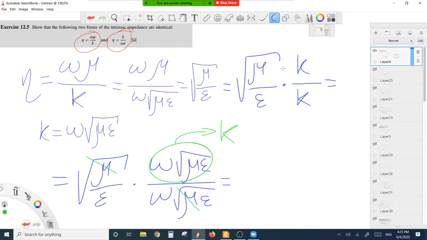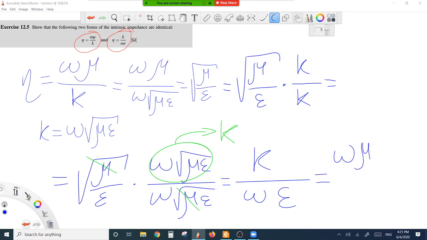Square root of epsilon multiplied by square root of epsilon gives us epsilon. And we get k over omega epsilon, which is equal to omega mu over k, which is equal to eta. So this was simple.